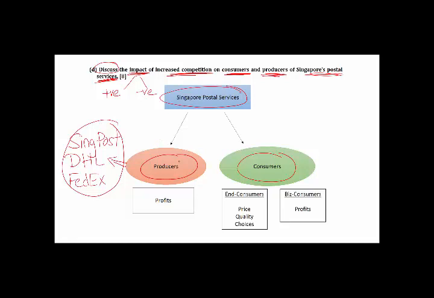And when you're a producer, what is very important here is that you remember a producer's default objective is to profit maximize. So what is of utmost concern for them would be profits. When we try to answer this question, from the perspective of the producer, find out what is the impact on the profits of this group of producers.